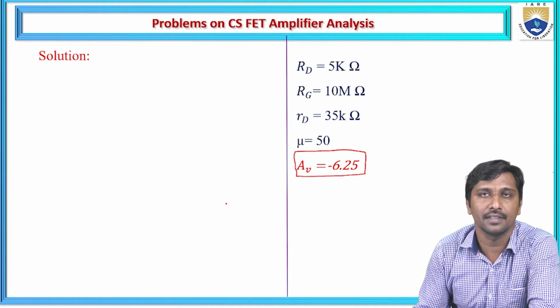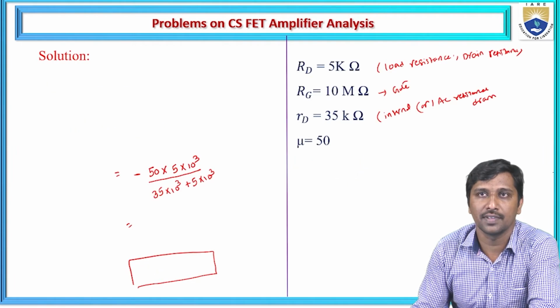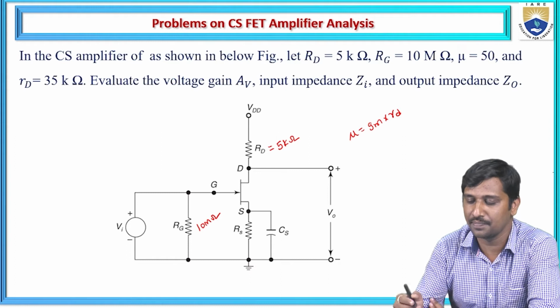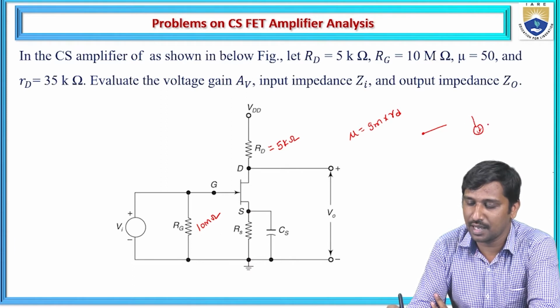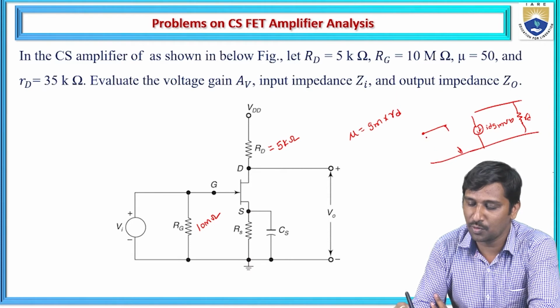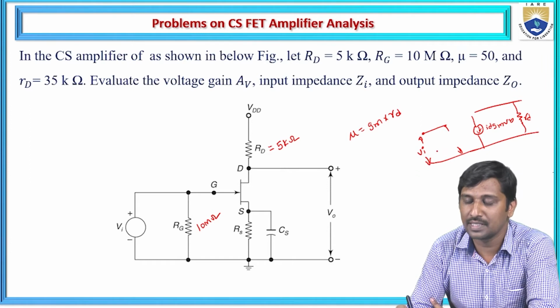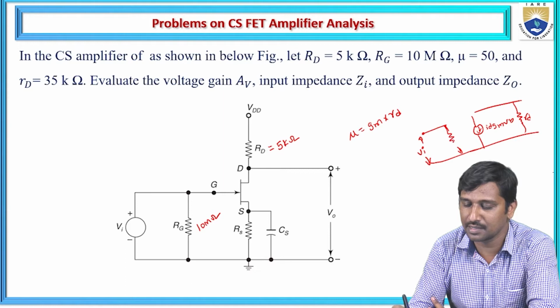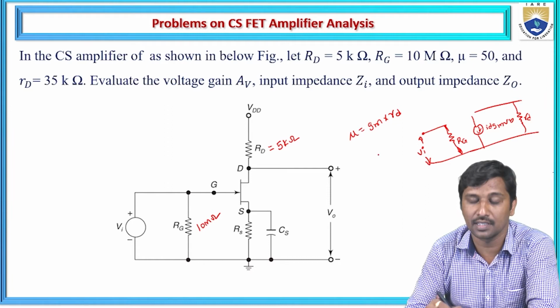First, we calculate the input impedance, ZI. In the small signal model of the common source configuration, we have the current source gm VGS, and the small rd, with the input voltage at the input terminal. Externally, a gate resistance RG is connected to the gate terminal.